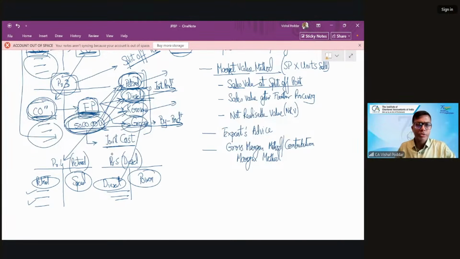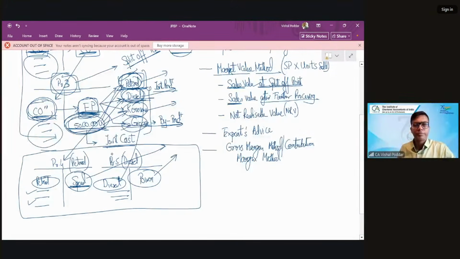So either you sell the petrol as it is, then it is called sales at split off, or you do further processing on petrol and make it speed, and then sell this speed, sell this power. When you are selling these products after doing some more processing, we will call it sales after further processing. This is further processing.